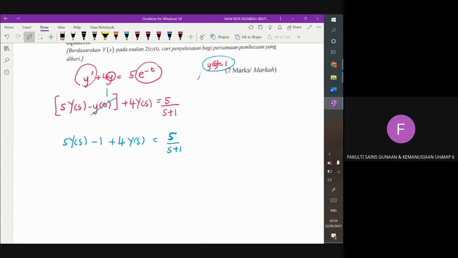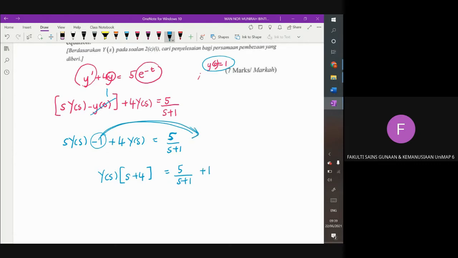Alright, so our target is we just want to remain ys on the left hand side of our equation, so the rest will be brought to the right hand side. Now there is a negative 1, bring it over. So I have ys times s plus 4 equals 5 over s plus 1, and the negative 1 becomes plus 1.